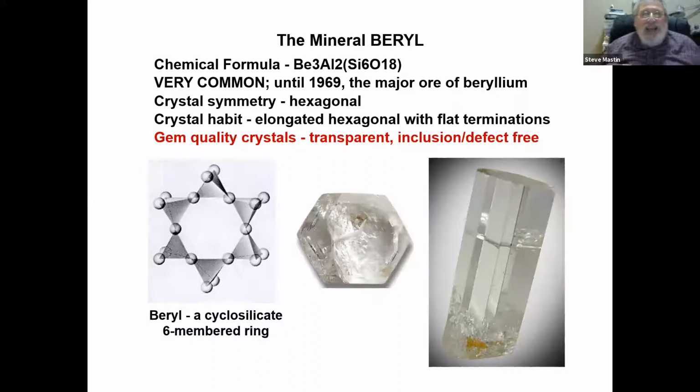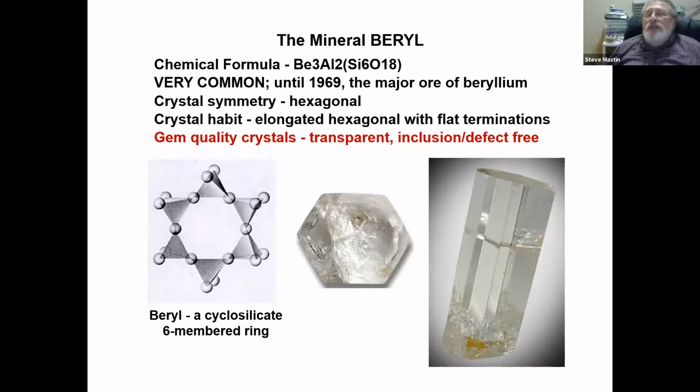In any event, there's the chemical formula for a beryl at the top. It's a very, very common mineral. You saw those giant crystals laying on the ground. And actually, those giant crystals were mined because they were the major ore of beryllium until we found another ore that could take their place because it was richer.